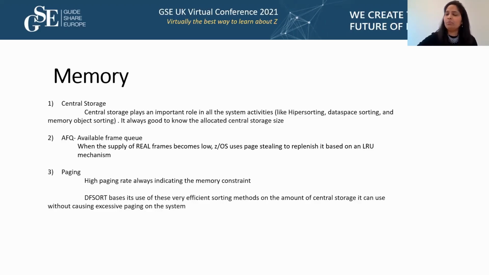The next topic is memory. Memory is also one of my favorite topics in mainframe performance. Because when I started my career in IBM, I got a lot of training for mainframe performance and capacity management.